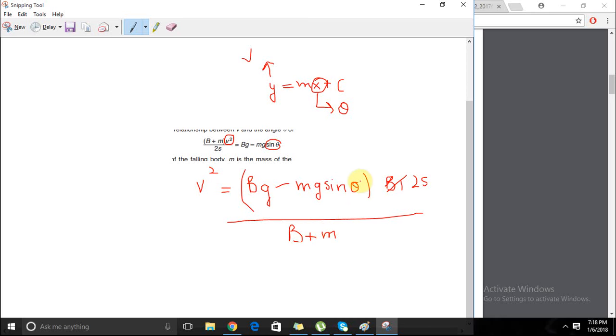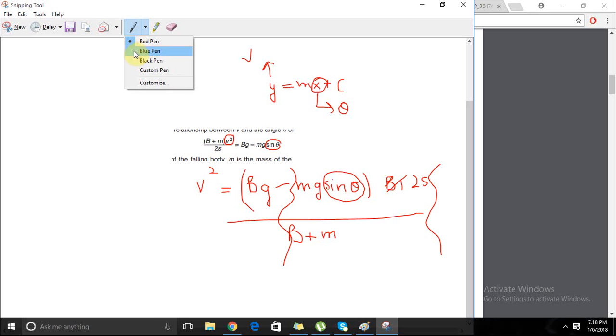So if we plot sine theta as the x, we also have the rest of it, right? So what is that? Well, m into g into 2s over b plus m would be the m. The gradient would be equivalent to mg, 2s, divided by b plus m.